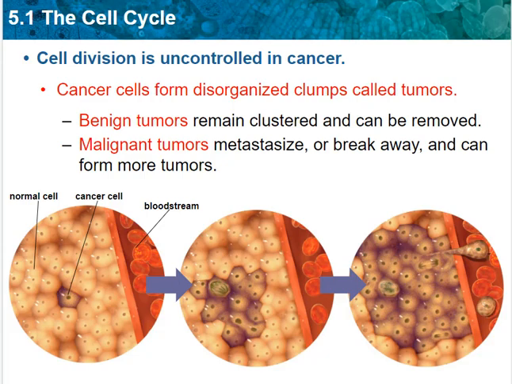If the cells stay within a boundary in an area and can be easily removed, we refer to them as benign tumors. If they metastasize or break away or flood into the bloodstream, as the diagram is trying to show, and then spread to other parts of the body, that's referred to as malignant. That's the type of cancer that typically is very damaging or can kill you.